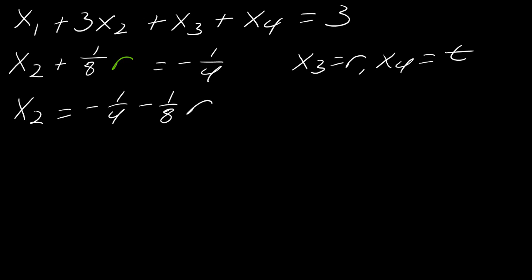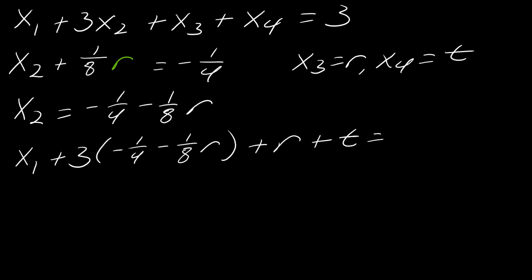Now that I've solved for x2, I can go back to my x1. Where I had this x2, I'm now going to replace it with this part, so this is now negative 1 over 4 minus 1/8 r. And then we've got a plus r and a plus t equals 3. Now I've just got to collect any like terms.